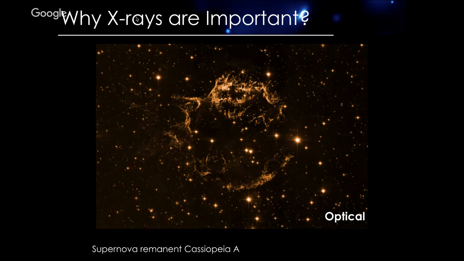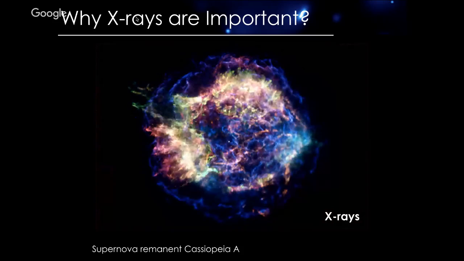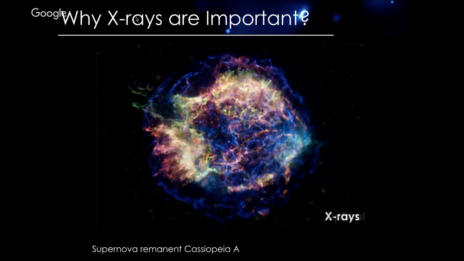This is, for example, a supernova remnant. You see it in the optical, and you see this shell expanded after the explosion in the visible. But if you look at it in X-rays, it's quite different, as you can see. The different colors here represent different temperatures emitted by different ions. So you see green, yellow, red, and blue. There, you have different material moving at different velocities at different temperatures.